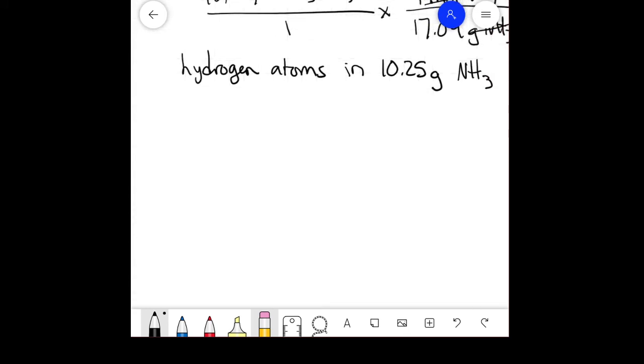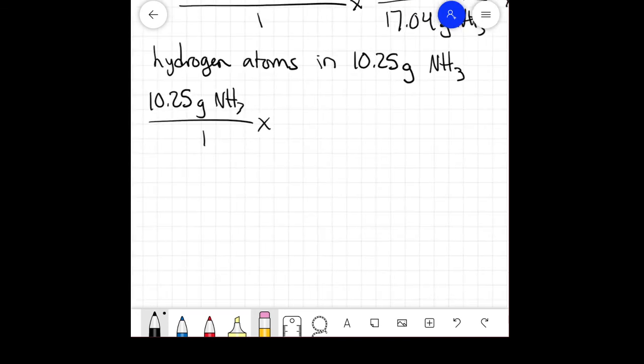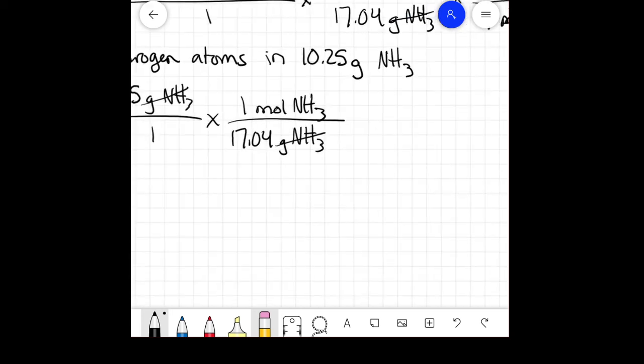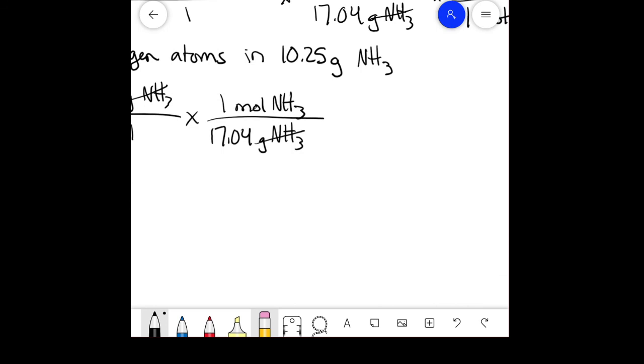So we start with our given, and then multiply by the formula mass, which we just got, over 1 mole. So that's the conversion rate. So these cancel out.